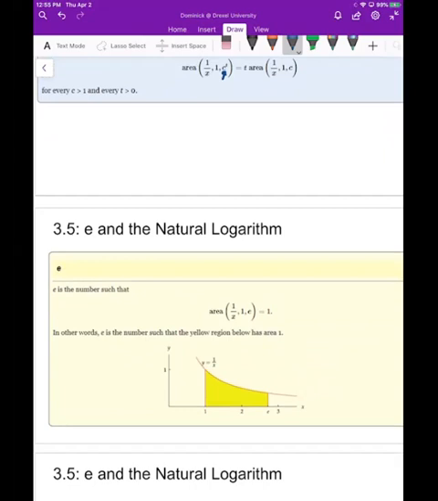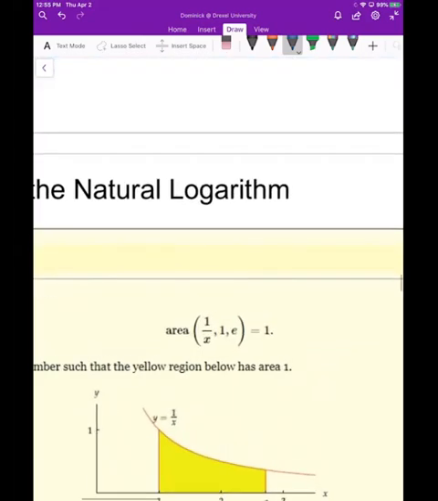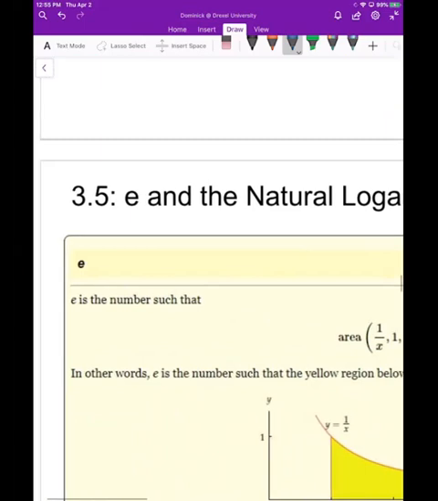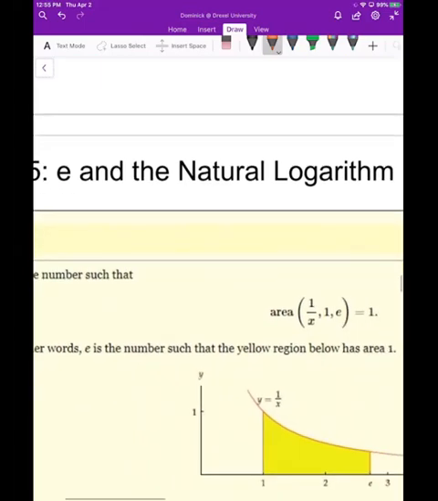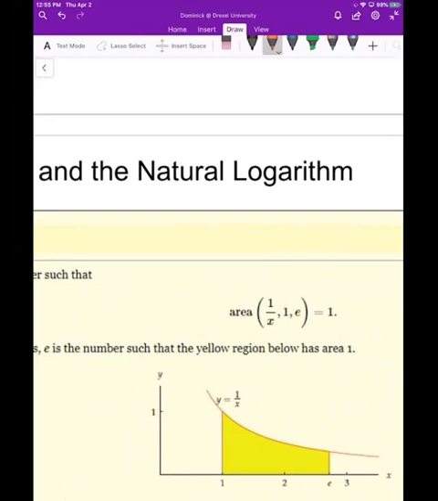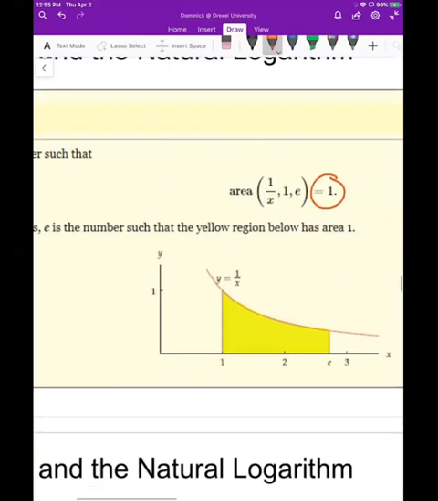to show some things. Now, we're able to now talk about the number e, all right? Now, the number e is the magic number that if you want to find this area from 1 to a number and get 1 to come out, then e is the number that you need to put there, right? So this e is a number that's between 2 and 3, and it's roughly 2.718.